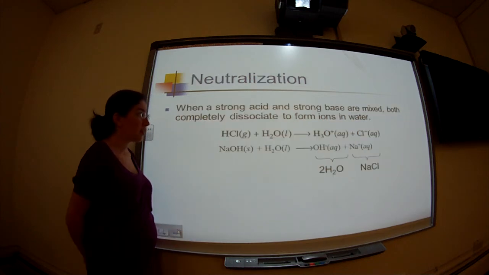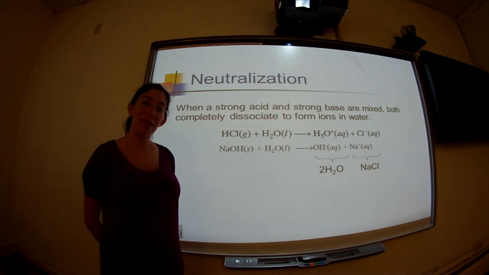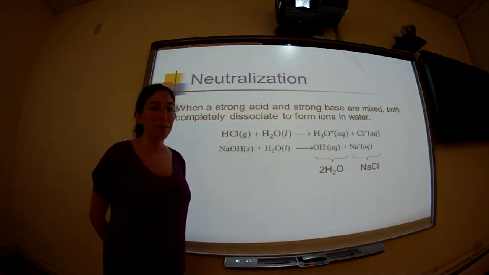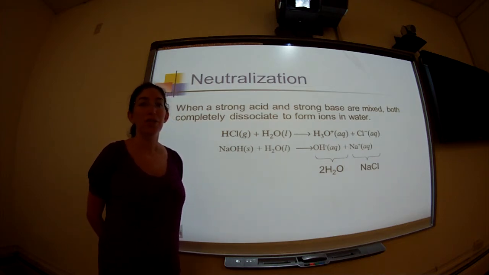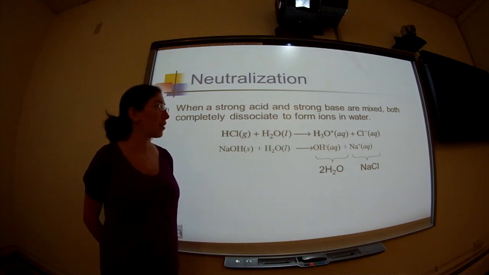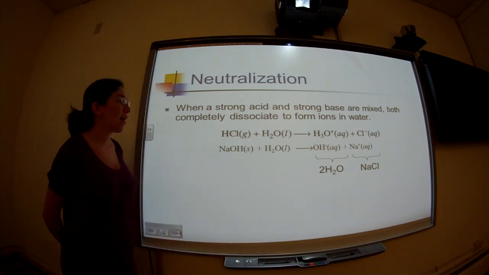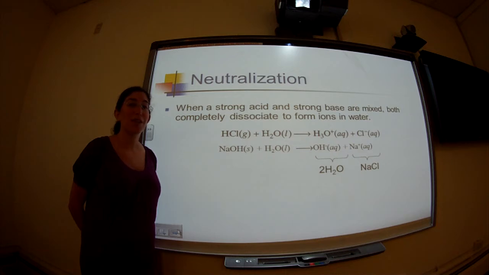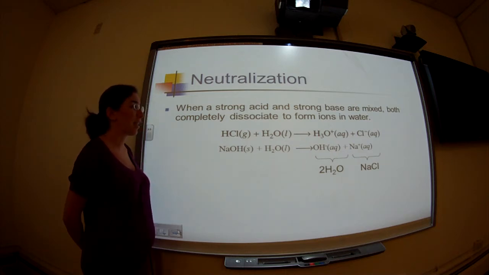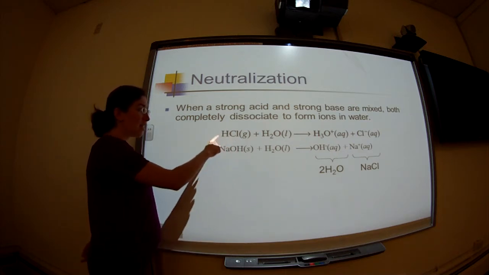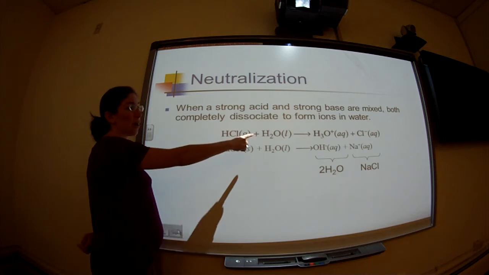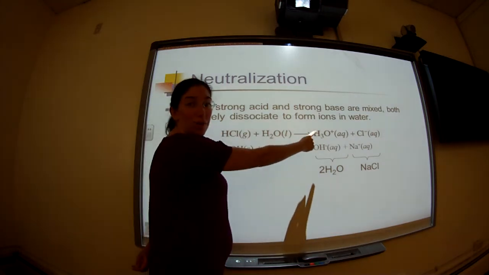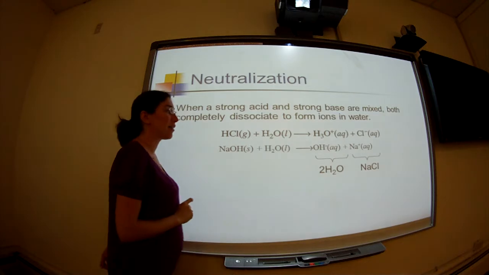So when you take an acid and a base and you mix them together, we call this a neutralization reaction. I'm going to walk you through the derivation of a neutralization reaction right now. Mixing an acid in water, HCl plus water, becomes hydronium ion and chloride ion.